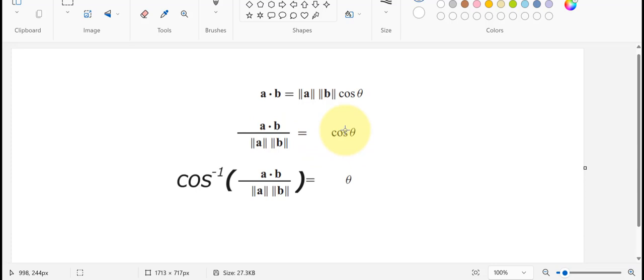The inverse cosine of the cosine gives you nothing, so you just end up with theta on this side, and we're taking the inverse cosine of this side as well, so we get this. And this is a very interesting result. What does it say? It says that the angle between two vectors is given by this formula.